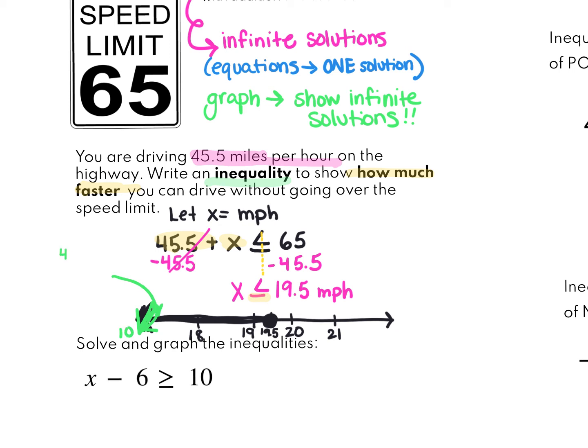So I take my original inequality, 45.5 plus 10, and the question is, is that less than or equal to 65? Yes, indeed, it is. So we have a check right here.